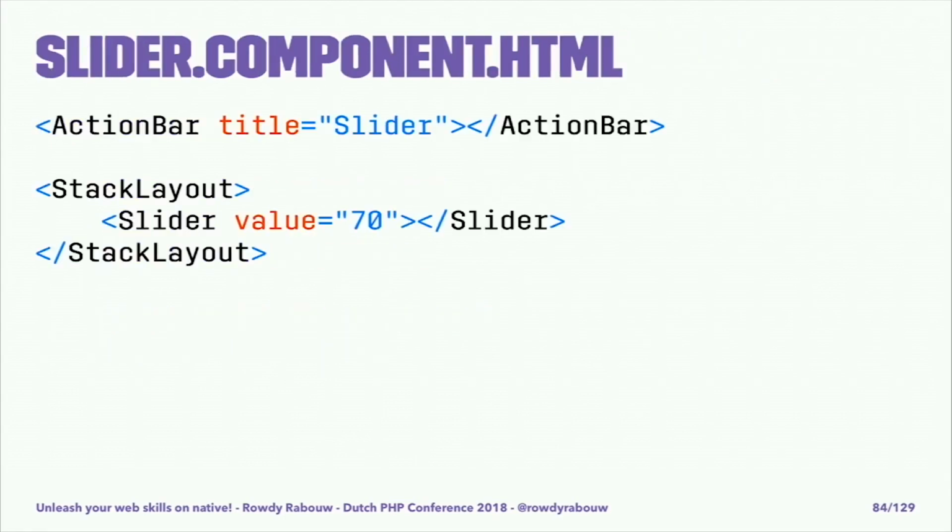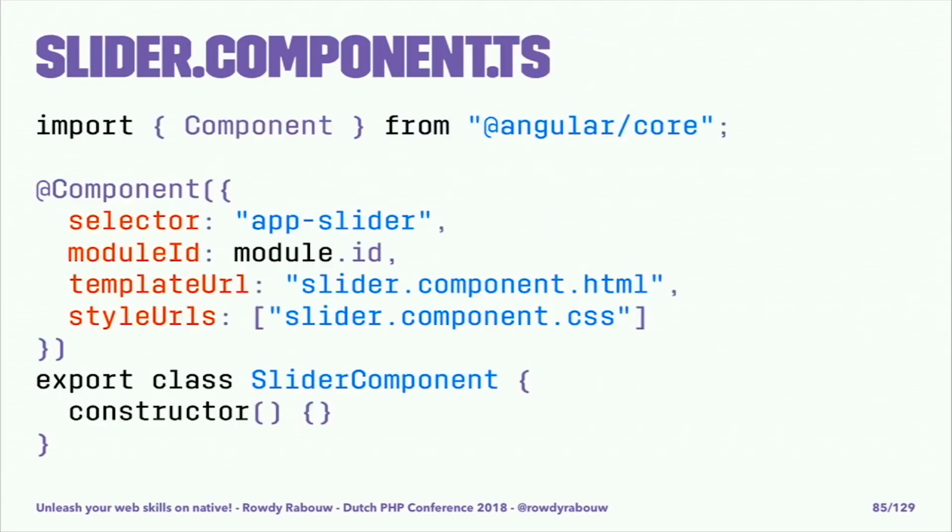So in that HTML file, it's pretty simple. I have an action bar on top. I have a stack layout with a slider in there. And it has a value 70. That means 70% of the track. I have a TypeScript file that is just boilerplate, actually. It doesn't do anything. It just refers to use template URL, the HTML file we just created, and for styling, use the CSS file.